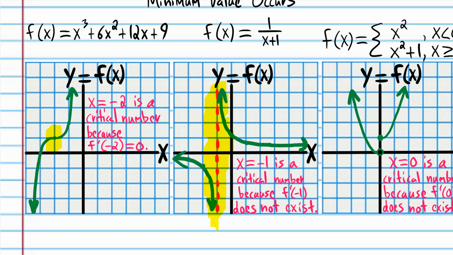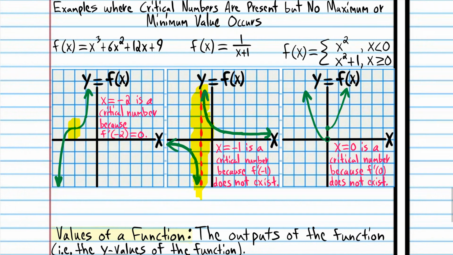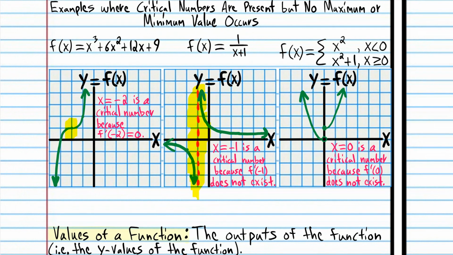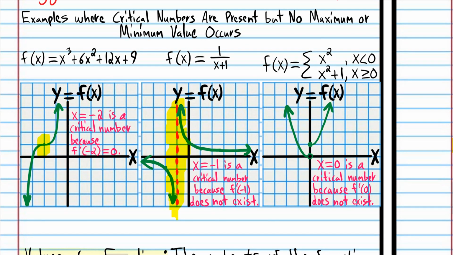There is no maximum or minimum value at that asymptote. Here's an example where we have a piecewise function. At x equals 0, we have a critical number because the derivative is not defined when x is equal to 0. So the derivative doesn't exist. But there's no maximum or minimum value at x equals 0.